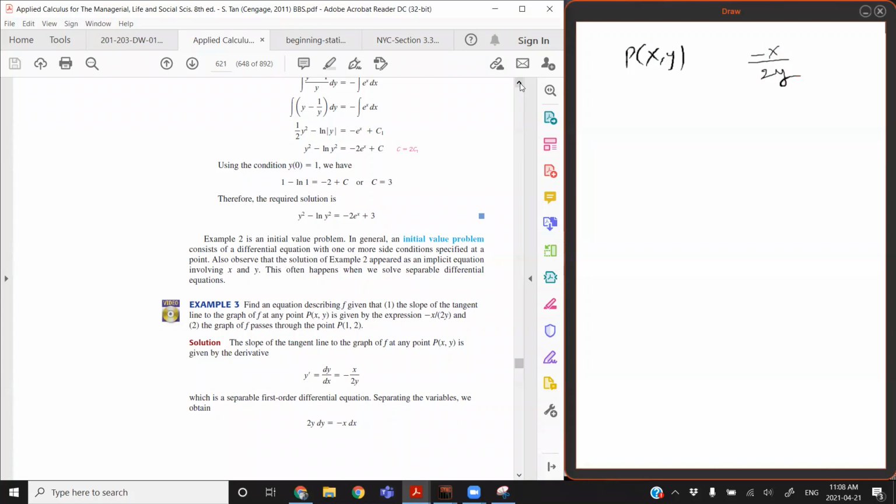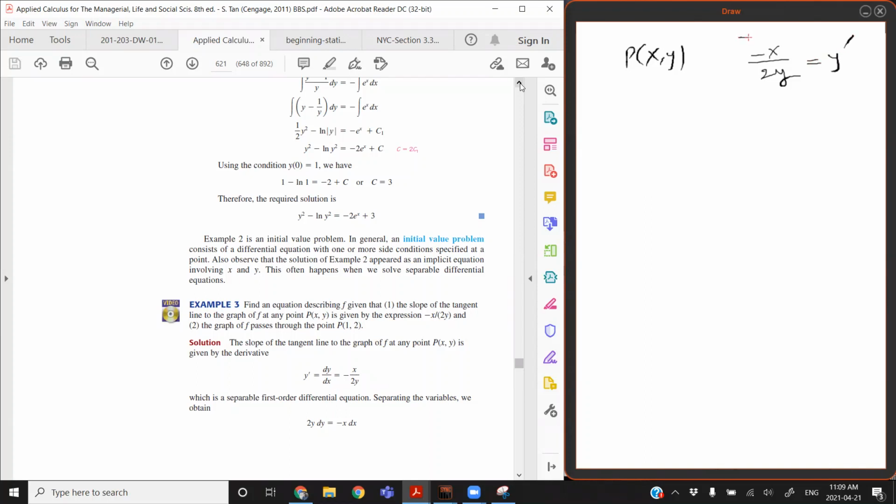We know the slope of the tangent line is basically the derivative. So when it says the slope of the tangent line to the curve at any given point is given by negative x over 2y, basically this is the derivative, y prime.